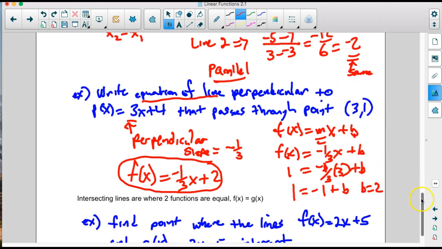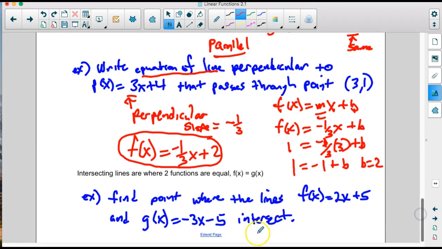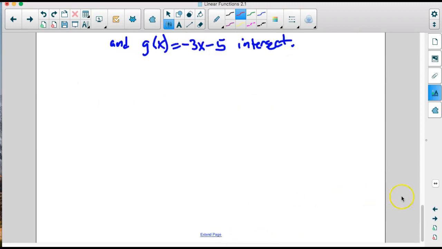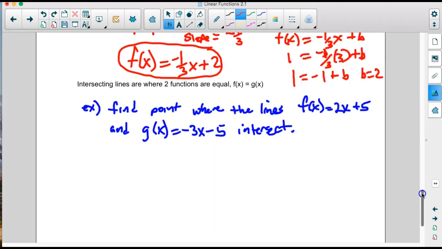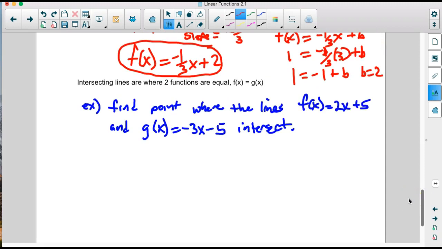Okay, our last problem we're going to work on in this section is on finding intersecting lines. So to find the point where they intersect, we just take the two functions, whatever they are, and set them equal. So in this case, we're finding the points where this and this intersect. Now they are going to intersect because they have different slopes.